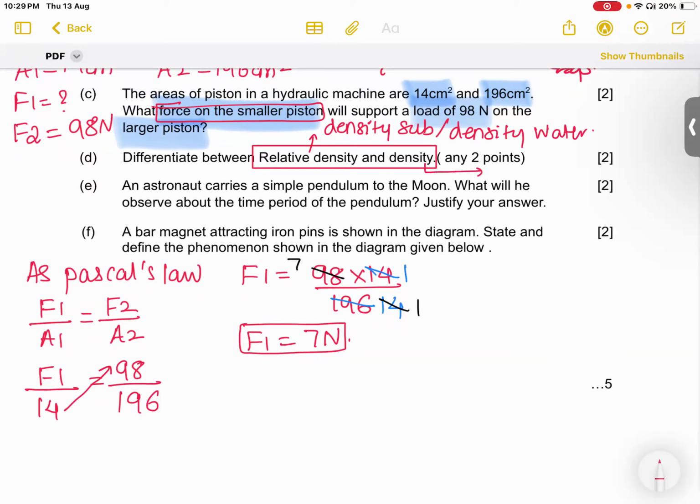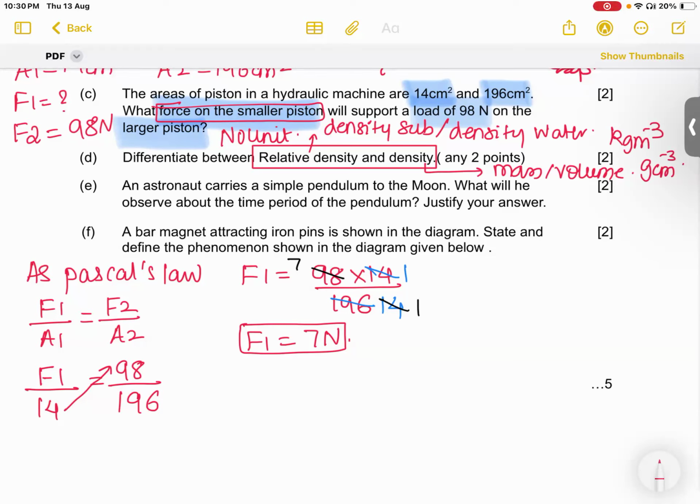Density is mass with respect to volume. Relative density has no unit. Density has a unit which is kg per meter cube and gram per centimeter cube.